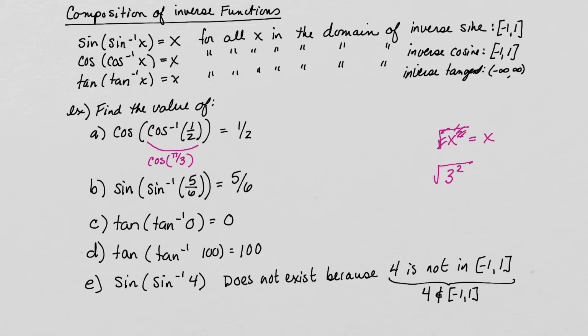So 3 squared is 9, so this would be the square root of 9, which would just be 3, which is what I started with. So same thing, I'm starting with 5/6. I'm taking the inverse sine of 5/6, and then I'm taking the sine of that. So the inverse sine and the sine undo each other. They kind of wipe each other out, and I'm just left with the thing I started with. The only caveat to that is that the thing I started with has to be some number between -1 and 1. Does that help?